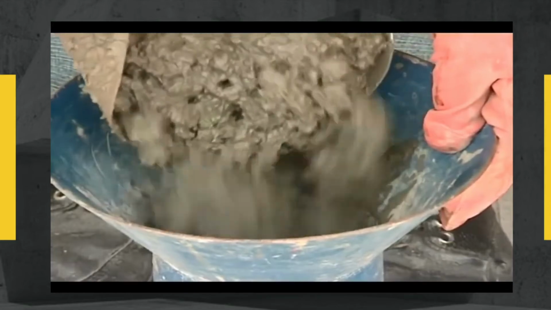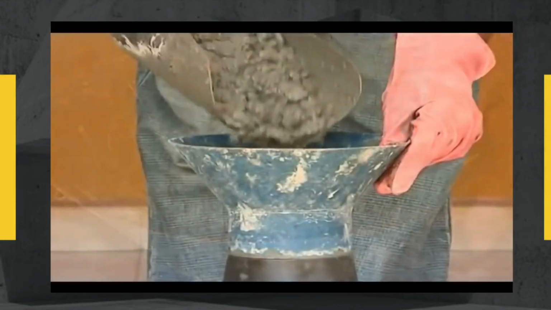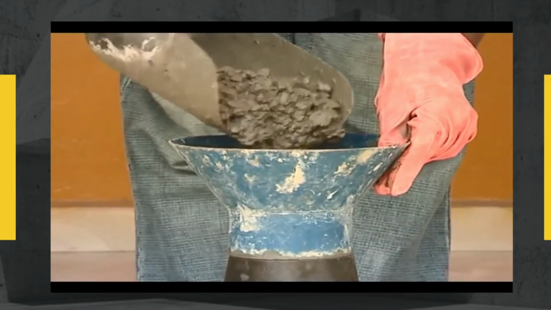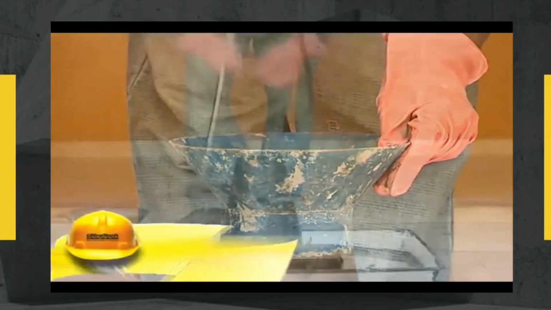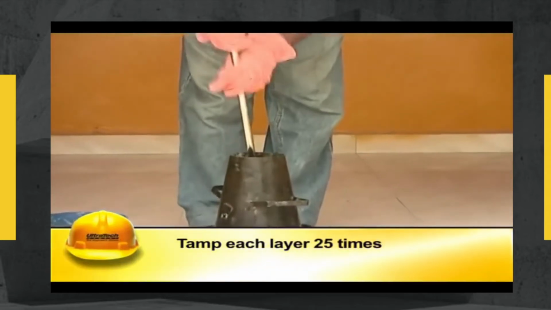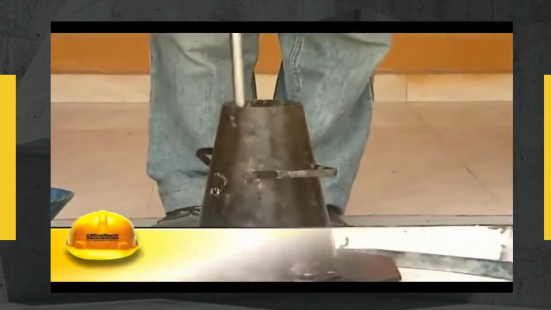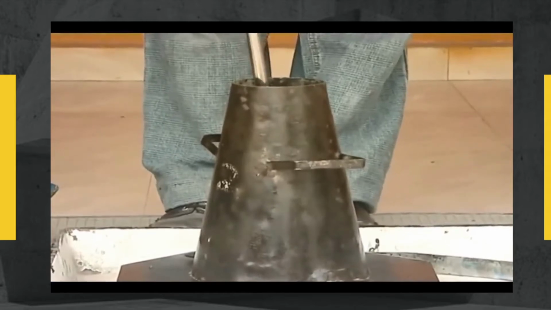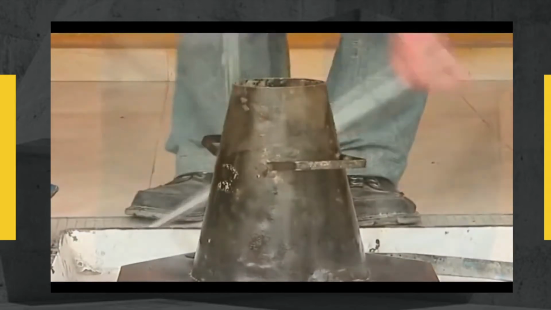It is then filled in 4 layers with the thickness of each layer being approximately 1/4 of the height of the mold. Each layer should be tamped 25 times evenly using the rounded end of the tamping rod such that strokes are uniformly distributed over the cross-section.